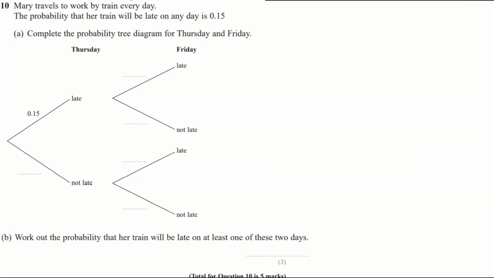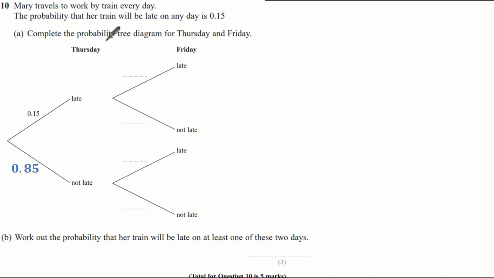Question 10 says Mary travels to work by train every day. The probability that her train will be late on any day is 0.15. We're asked to complete the probability tree diagram for Thursday and Friday. So, if the probability that the train is late on Thursday is 0.15, then we know the sum of the probabilities of this branch has to be 1, so that means the probability of not late on the Thursday is 0.85.